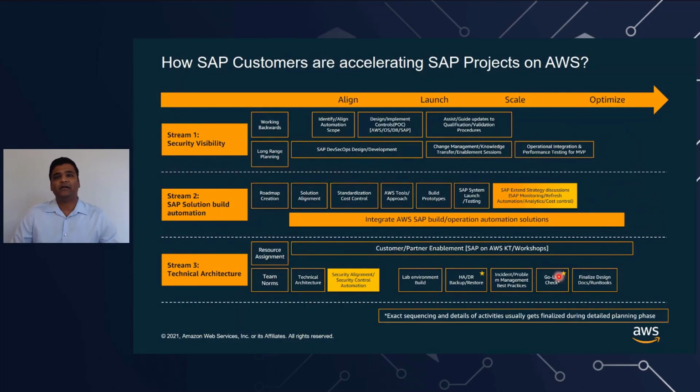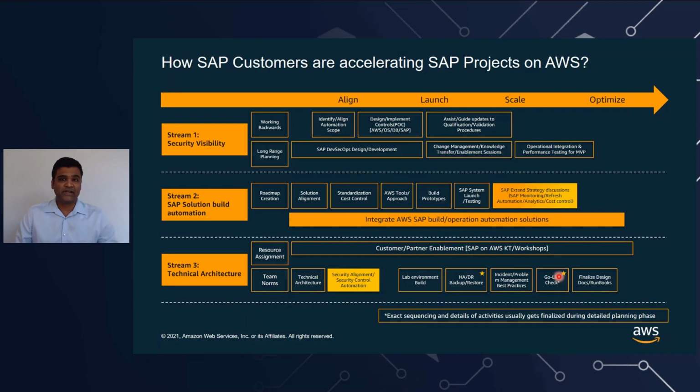One of the ways that we actually help our customers is to follow a roadmap, right? So the SAP journey to AWS is not a one-team responsibility. Now, implementing security controls at the AWS infrastructure, operating system, database, and SAP application level has usually been part of any SAP project.